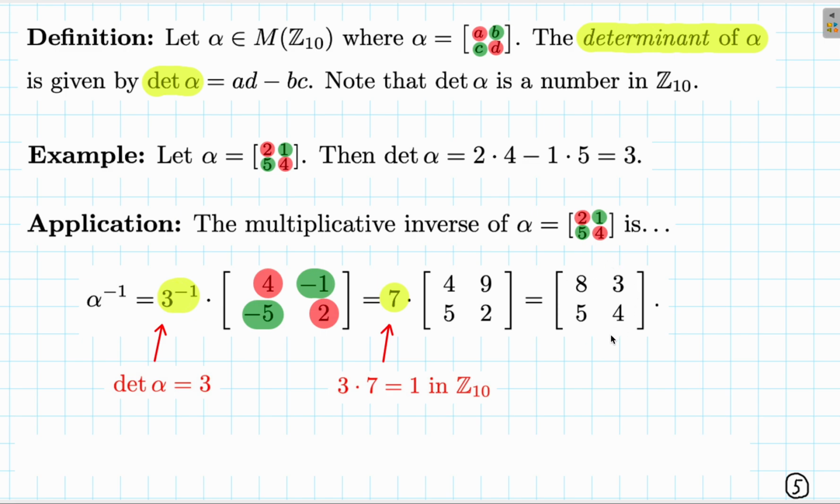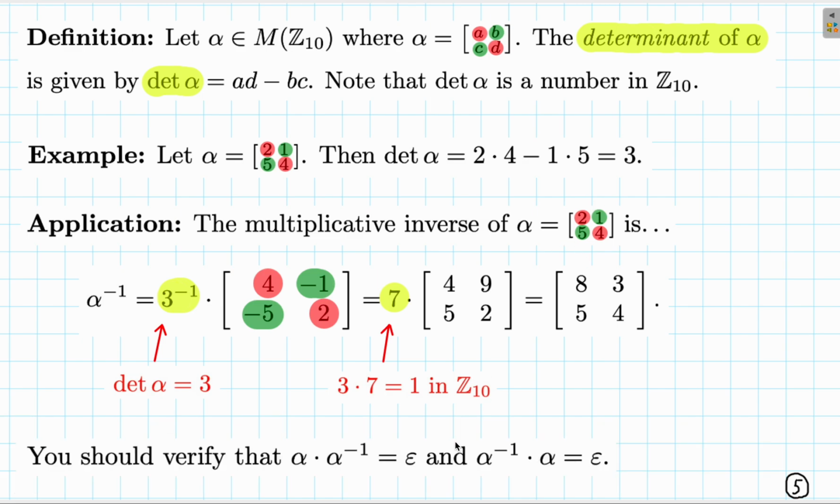We claim it is the multiplicative inverse of alpha. And we'll leave it up to you to actually multiply this matrix here, 2, 1, 5, 4, with this matrix here, 8, 3, 5, 4, and show that their product is epsilon, meaning 1, 0, 0, 1.